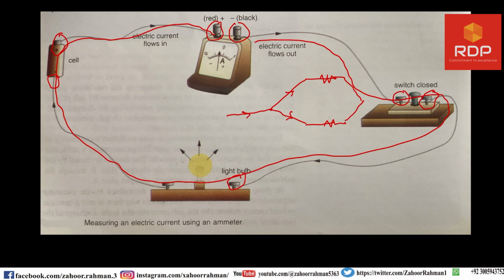If there are two paths, one is this one and one is this one, then this is called parallel. But if there is only one path for the conduction of current, then we are saying that all the devices are connected in series.